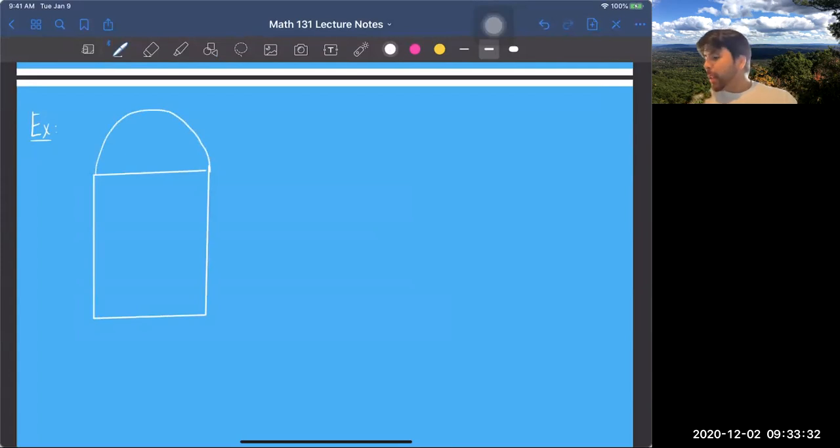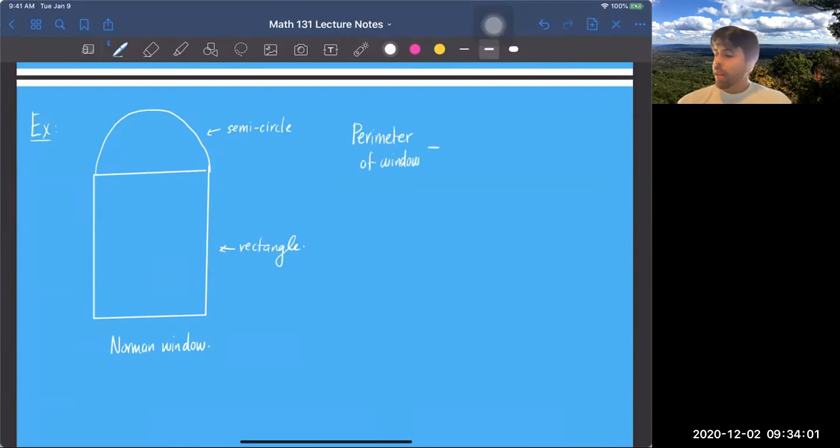This is a semicircle, this is a rectangle, this is a Norman window. And I want the perimeter of this window to equal 28 feet.